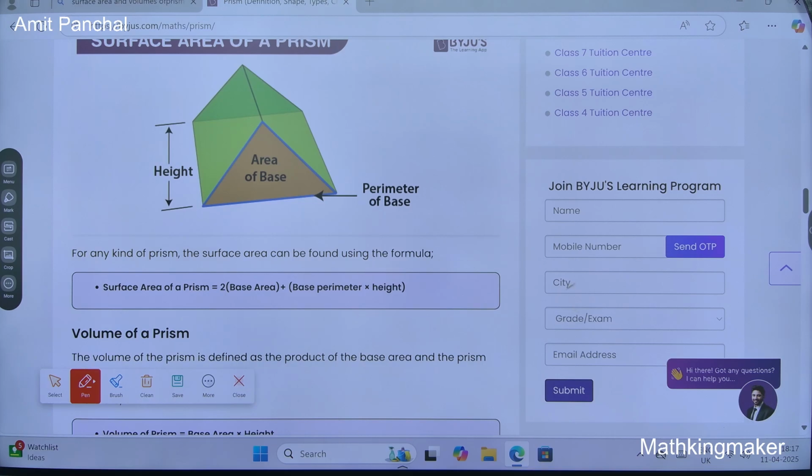Okay, so we'll see some questions there. And you know about the surface area of cube and cuboid.